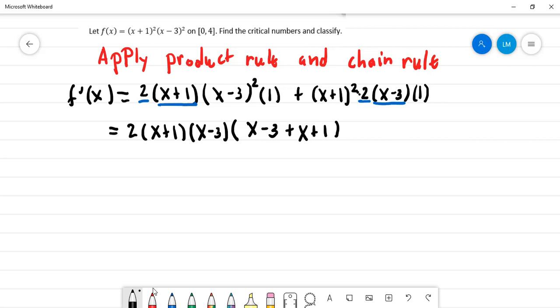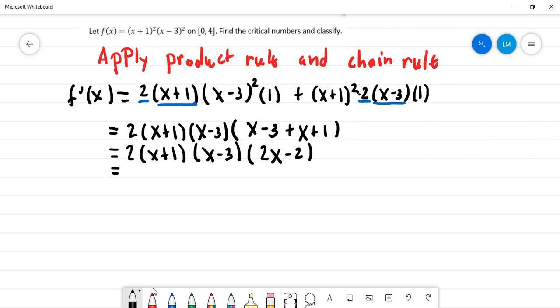So let's simplify this a little bit more. We have 2 times x plus 1 multiplied by x minus 3 multiplied by 2x minus 2. Now it looks like we have another greatest common factor that we can take out, which is a 2.